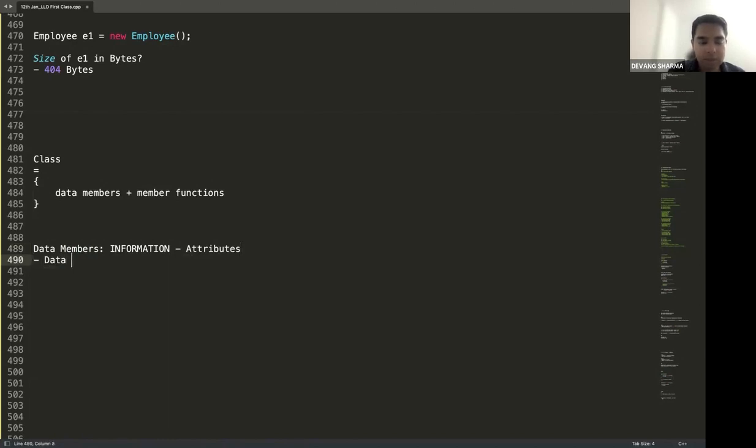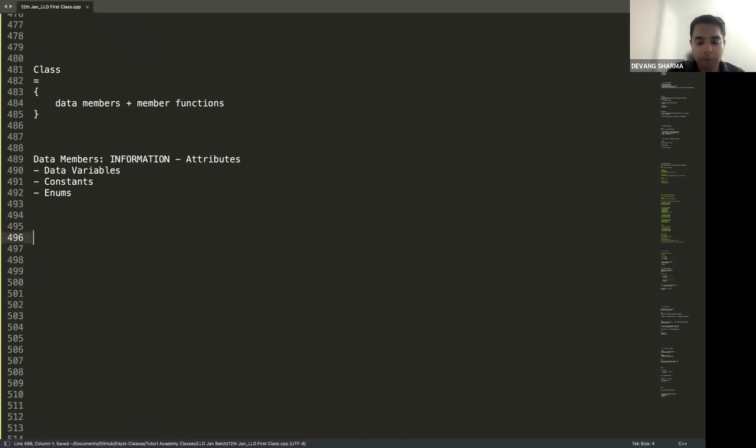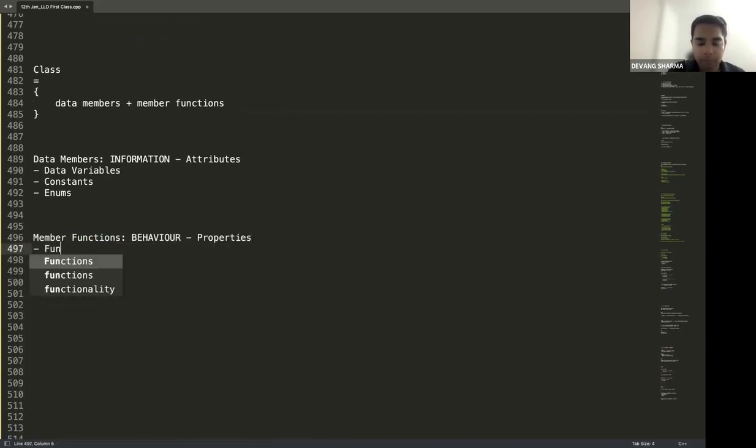This includes data variables, constants, and enums. Okay, those are data members. When we talk about member functions, that means behavior or the properties, which we call functions. Okay.